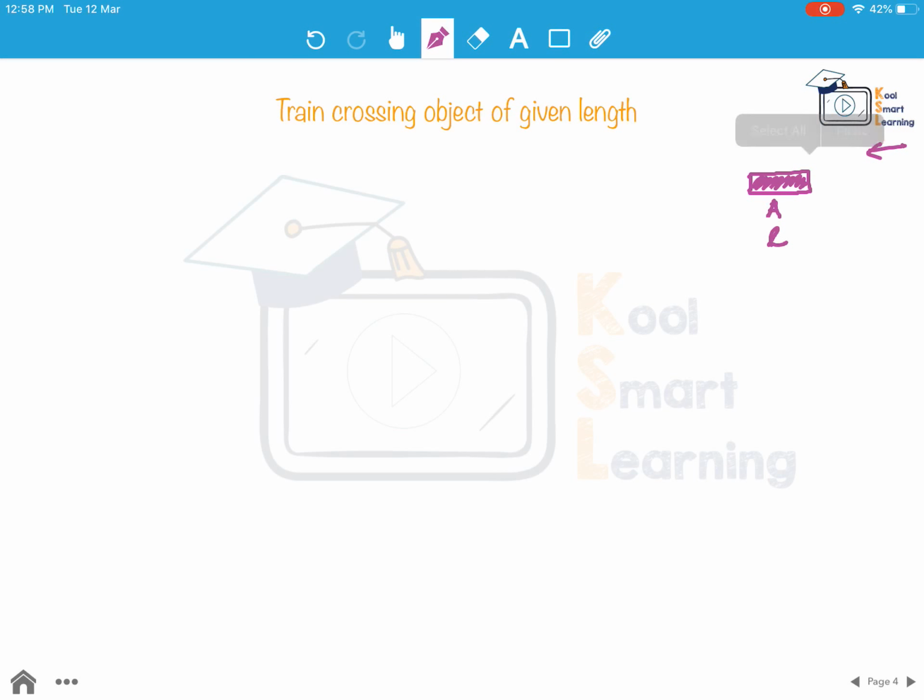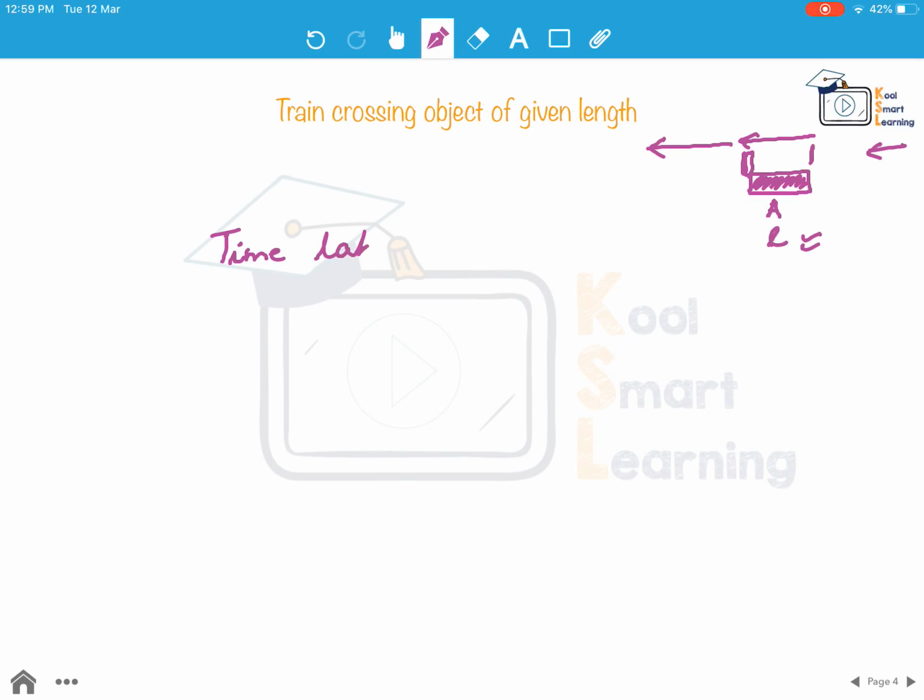That would mean that the head of the train continues to move, and it moves out such that the tail of the train is at now this point, right? So this is the distance that the train has to travel. How much is the distance? It is the length of the train plus this small l, which is the length of the object. So that is the distance the train has to travel.